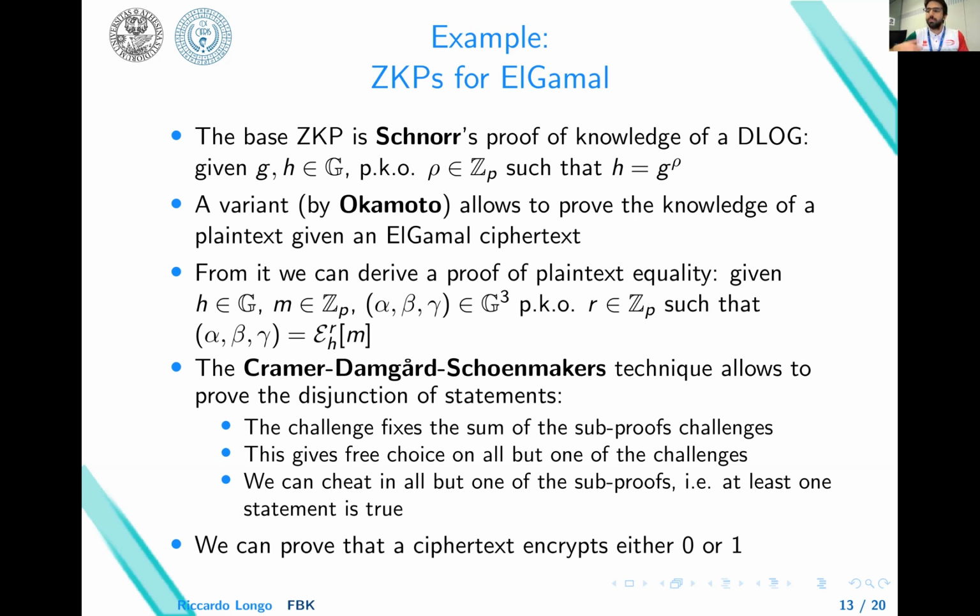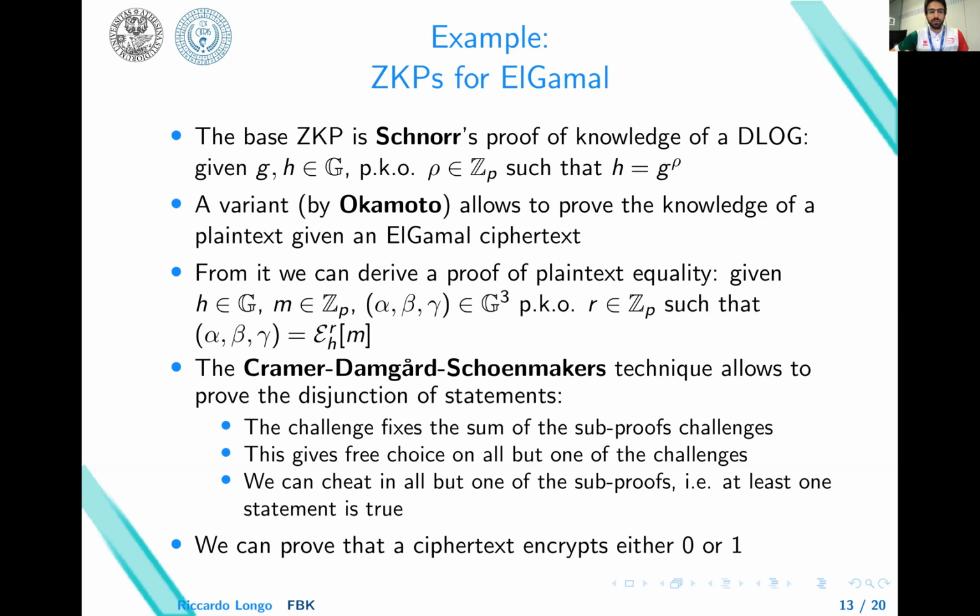But if you can predict the challenge, then you can cheat and produce a transcript of the zero-knowledge proof that is basically valid, but it actually can be done for any statement, even if it's not true, because we cheated by knowing the challenge in advance.